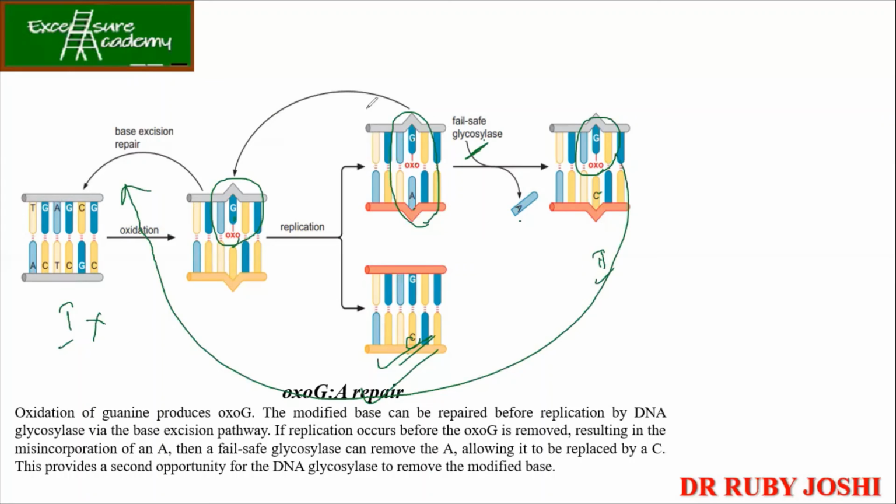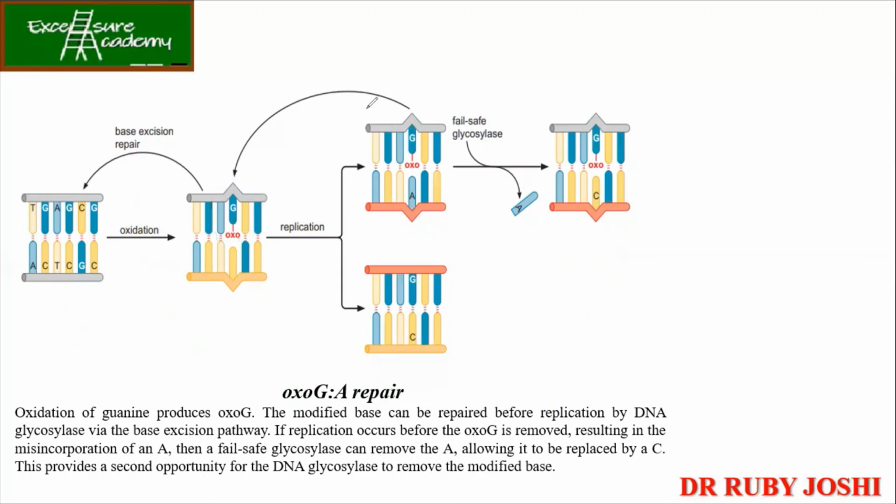Are you confused? Let me say it once again. Normally, when your DNA replication is happening, because of the oxidation, the base G here became G oxo. It should undergo the base excision repair mechanism to become normal. In case this is not happening, what will happen in the replication?